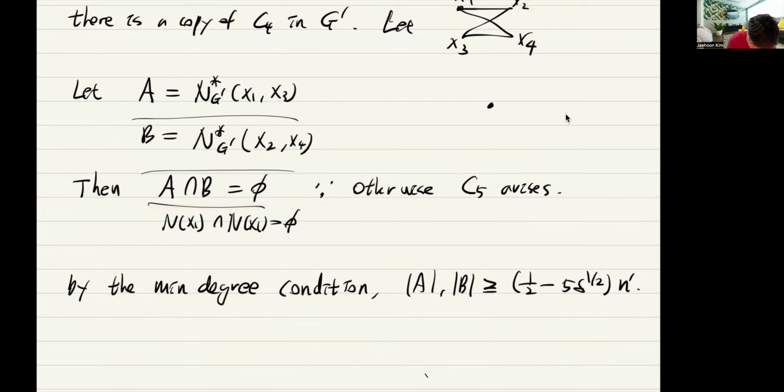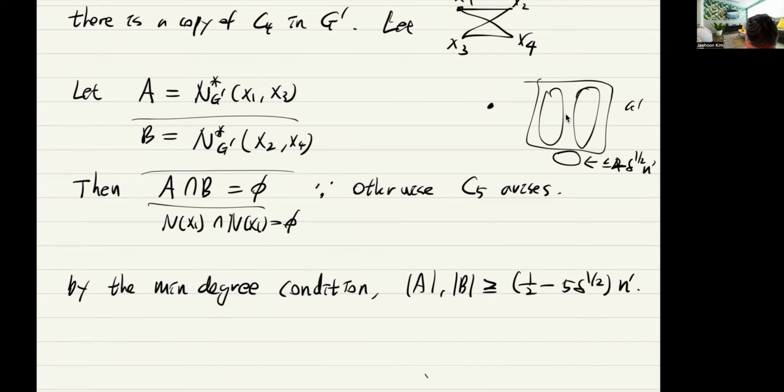Otherwise, C5 will arise as I mentioned. So their neighborhoods are here and here. And then due to the minimum degree condition, outside, it's pretty much everything in G prime, except the outside set has size almost 4 delta square root of delta n prime.